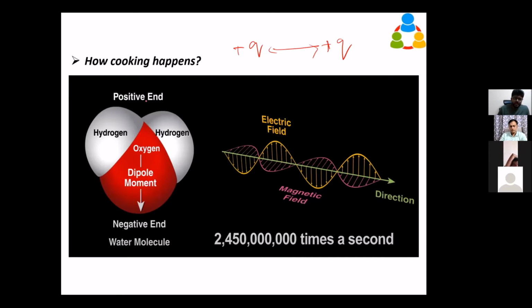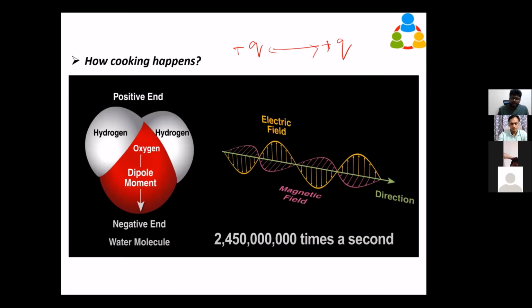Now we have this positive and negative charge, and we are sending electromagnetic waves through our food. The electromagnetic wave has an electric field and a magnetic field. We know electromagnetic waves are nothing but a disturbance in both the electric and magnetic fields. Because of this disturbance, we are going to disturb these polar molecules, our water molecules.